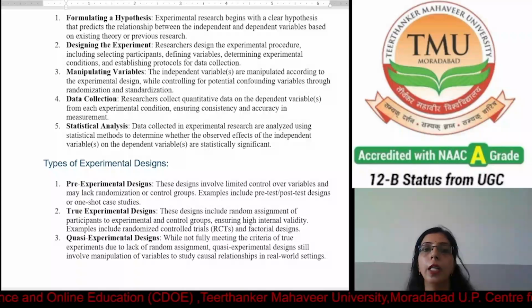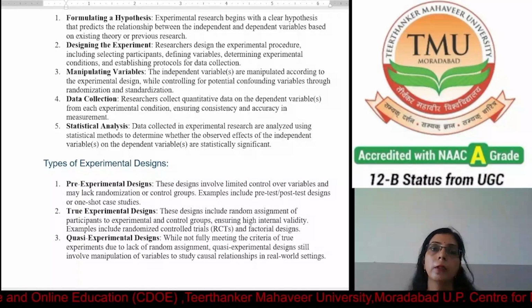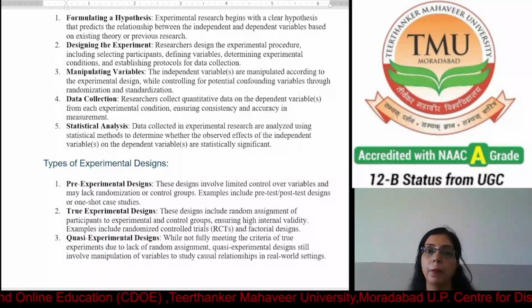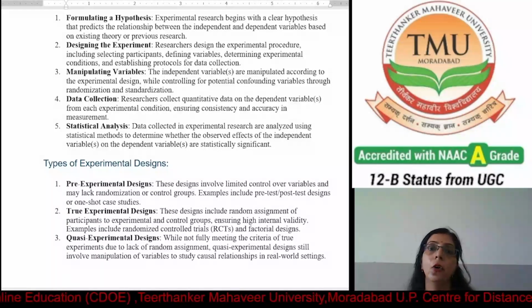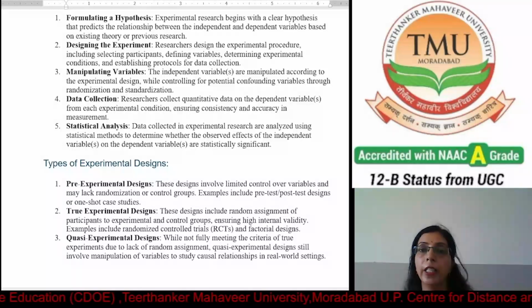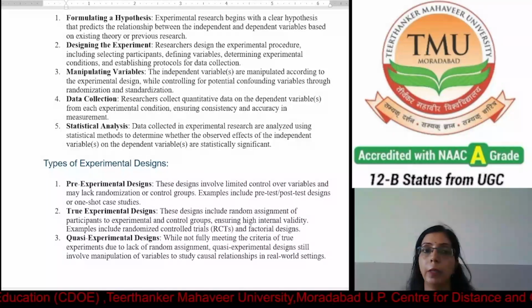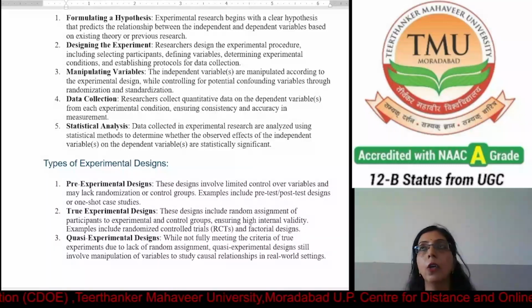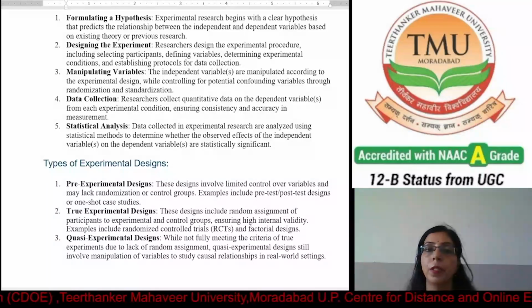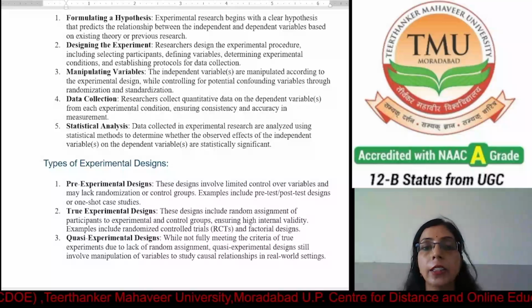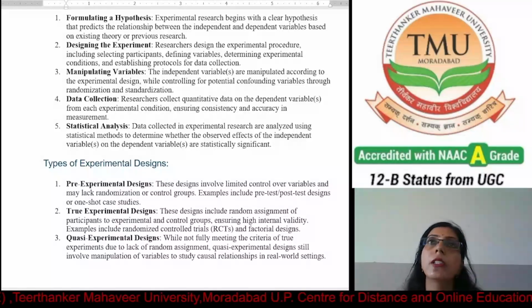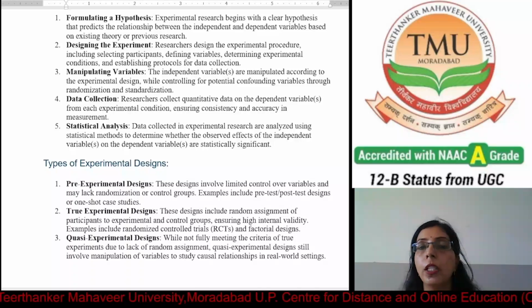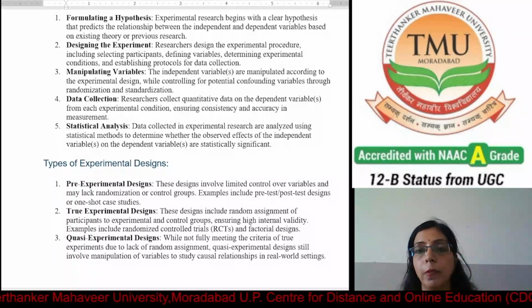So first of all, we will discuss pre-experimental designs. Pre-experimental designs provide little or no control of extraneous or situation variables. They are still being used in the study of educational problems. Suppose a researcher is interested in finding out the effect of an educational television program on the general awareness of students.